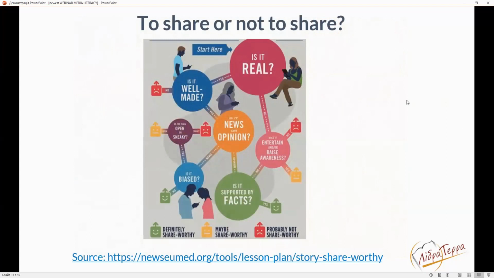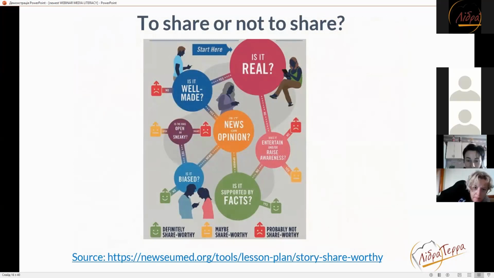Here is another nice diagram or infographic that I encourage you to use with your students. For example, you can study this post that I just shared with you, or any other post that you want from Facebook, right? And go through this diagram. Start asking the questions. Start from here, ask, is it real?